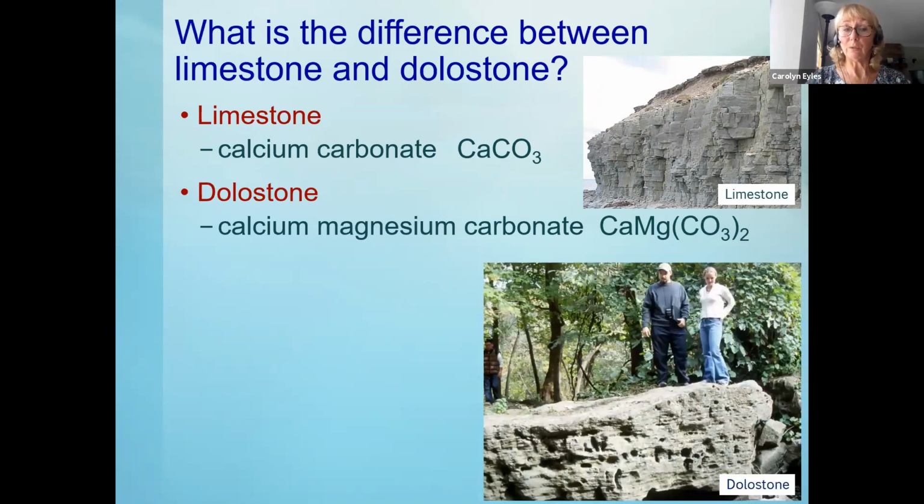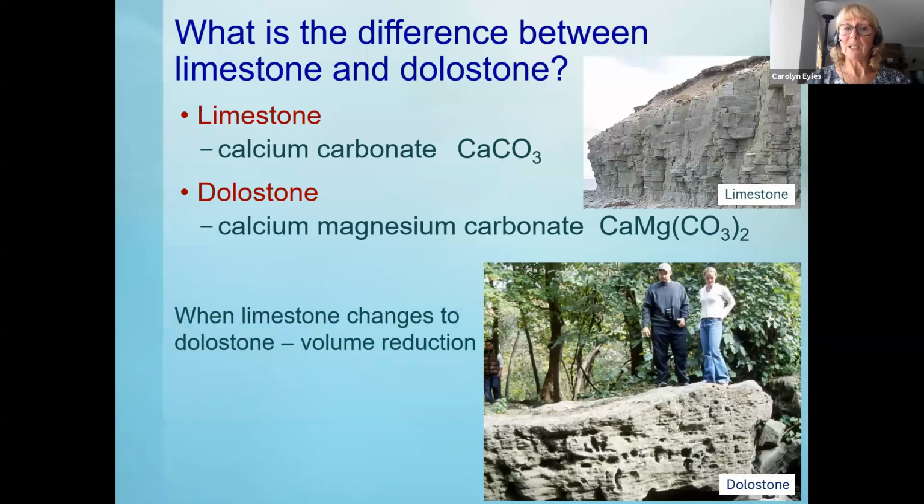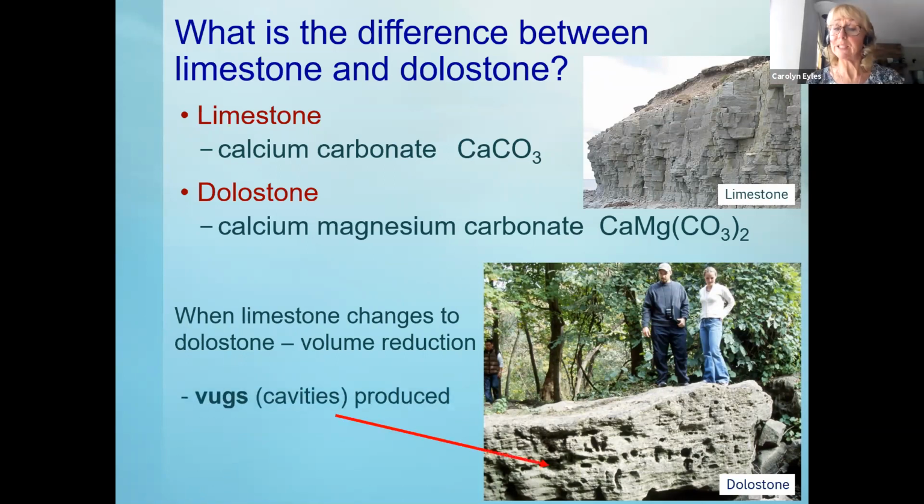And when dolostone forms, what happens is you get a volume reduction. And because it's a solid rock, the volume reduction ends up producing a series of cavities in the rock. And these are called vugs. And these are what you can see in most of the dolostones at the top of the Niagara Escarpment, in the Hamilton area, in the Lockport Formation.